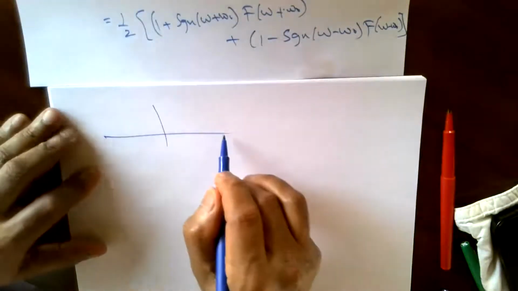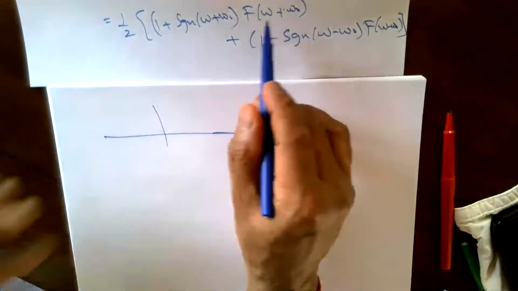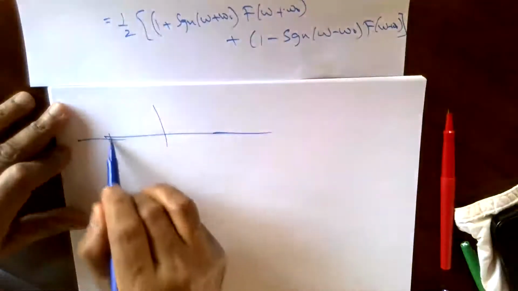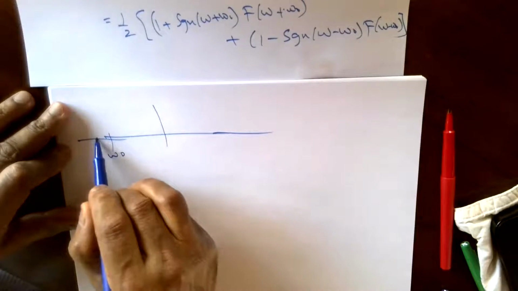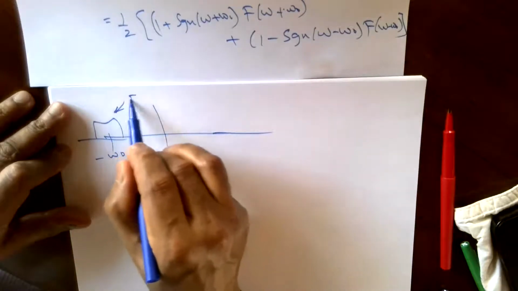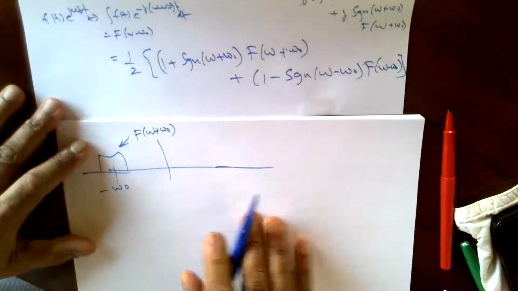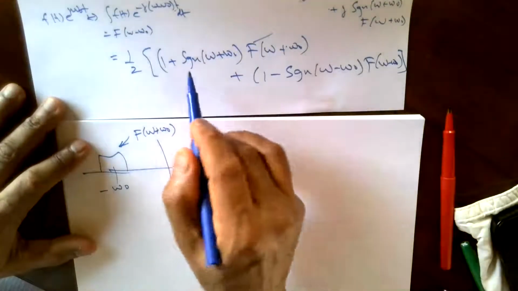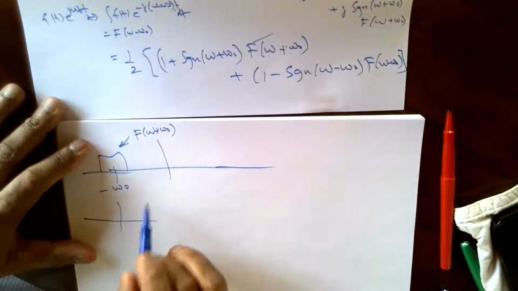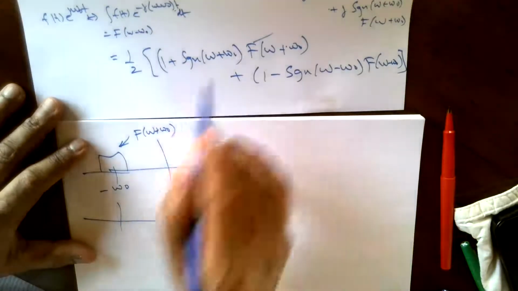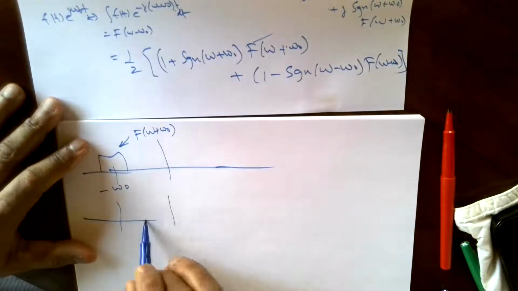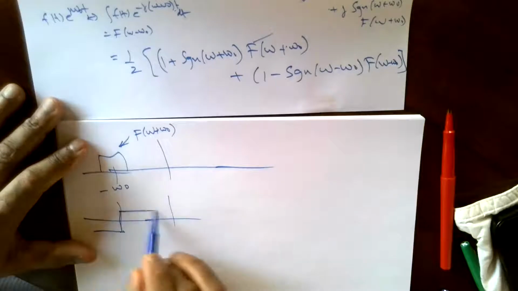Let's start with this term. So you have f of omega plus omega 0 from here, and then 1 plus sine omega. So sine (omega plus omega 0) is like this.